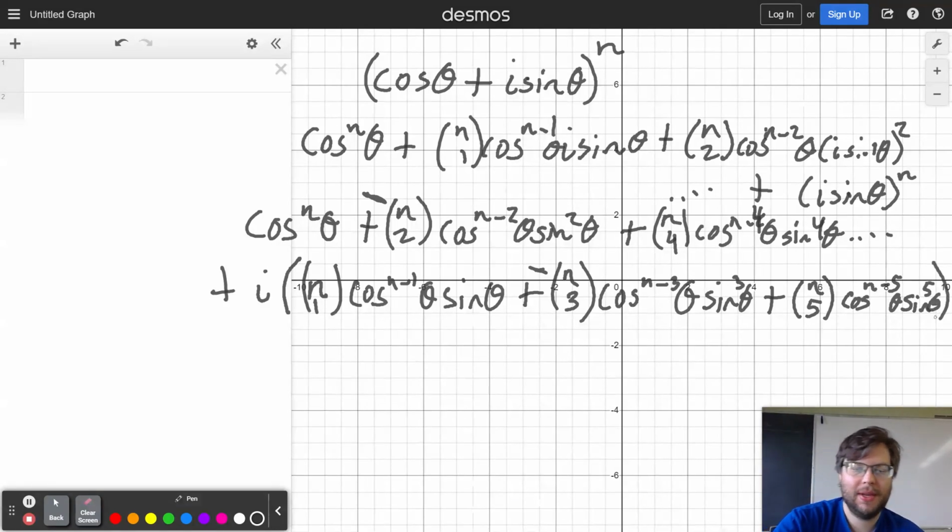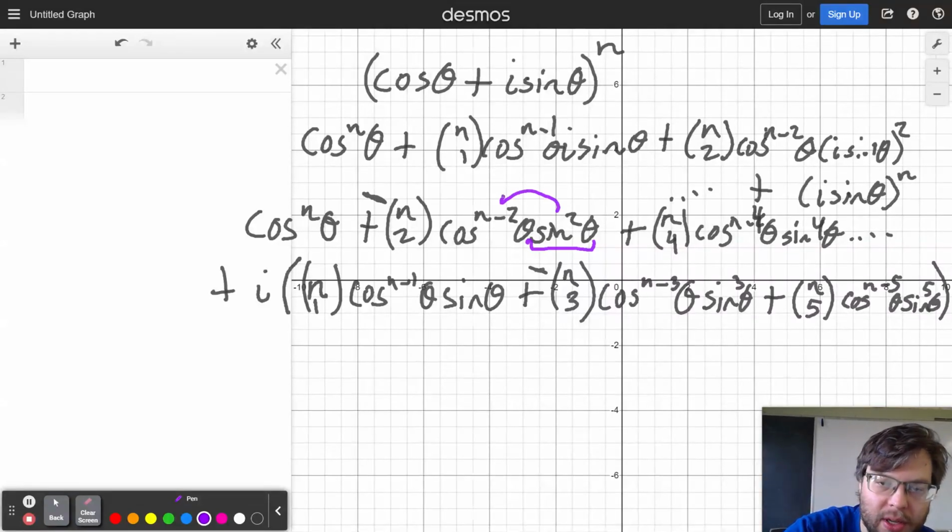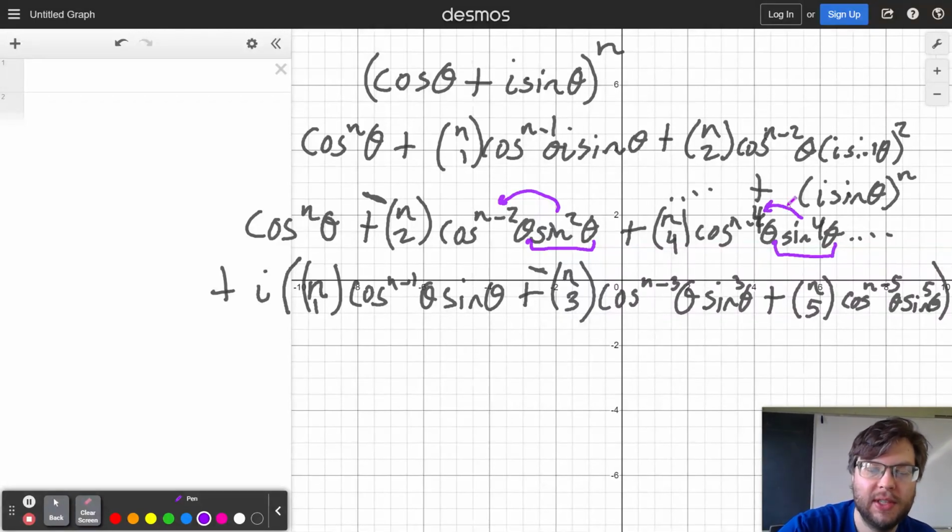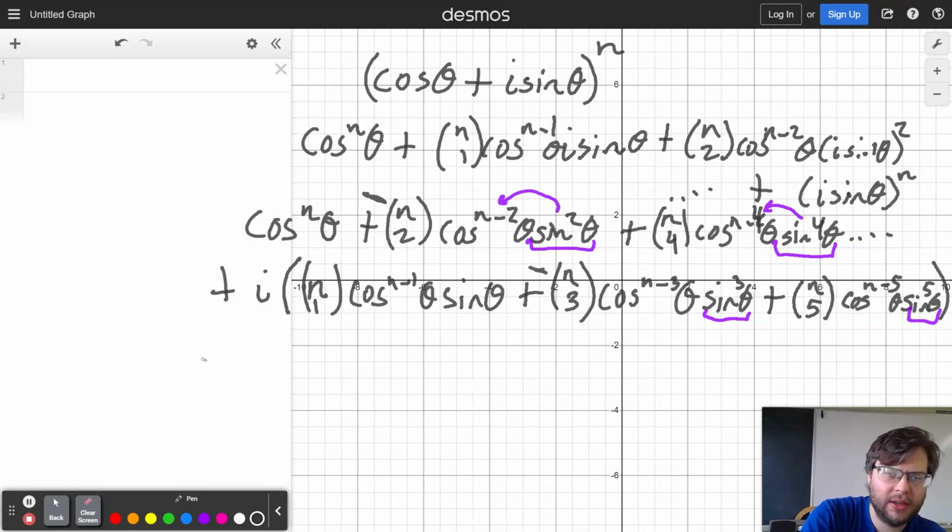What ends up happening is each of the sine squareds can combine with the cosines there in a very nice way to cancel a lot of things out. And similarly, each of these sine cubes and sine to the fifths can cancel out with the other terms. Again, I'll make a video going more into detail. I just don't want to get too bogged down here.